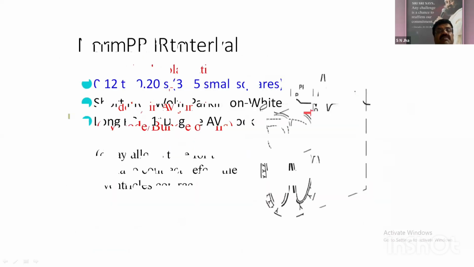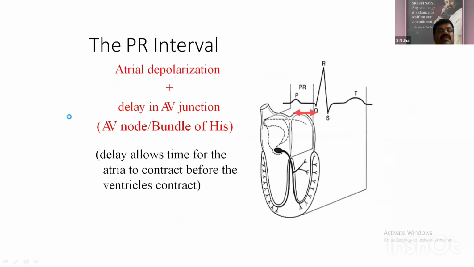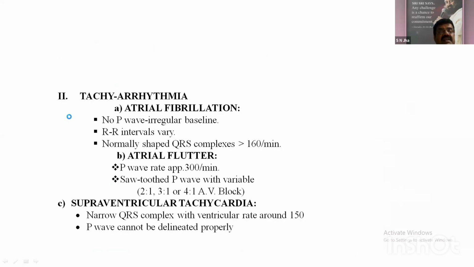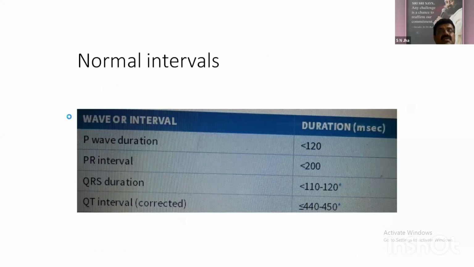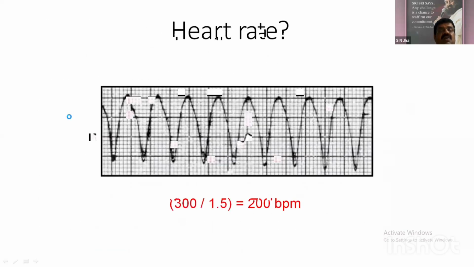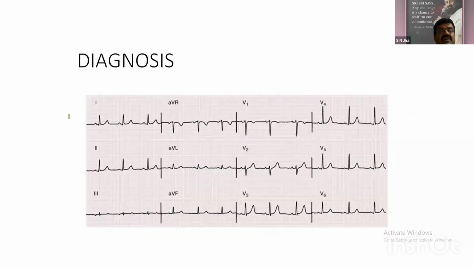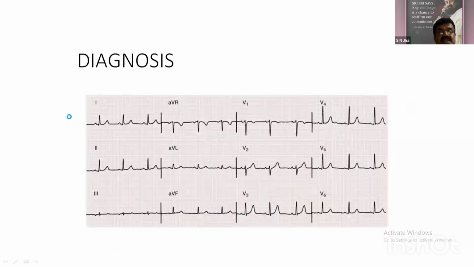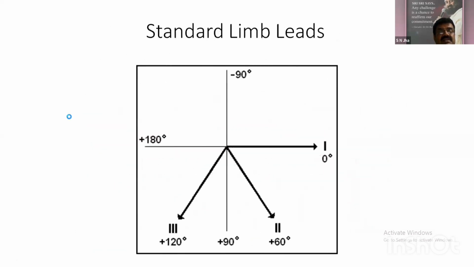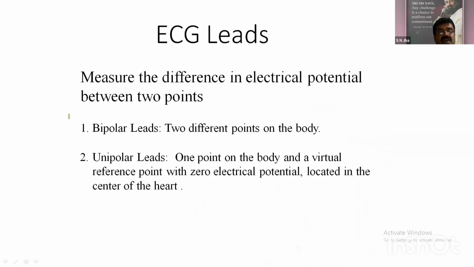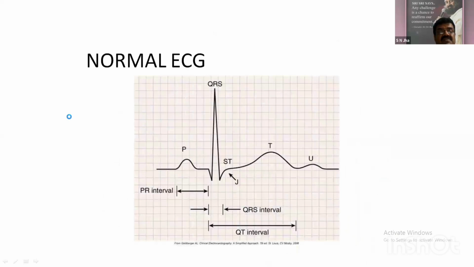So till now, what have we learned about? We have learned about the ECG machine. We have learned about how to look at the ECG. We have seen the calibration, how calibration is done. Can you appreciate the calibration is 1 millivolt or in small squares?